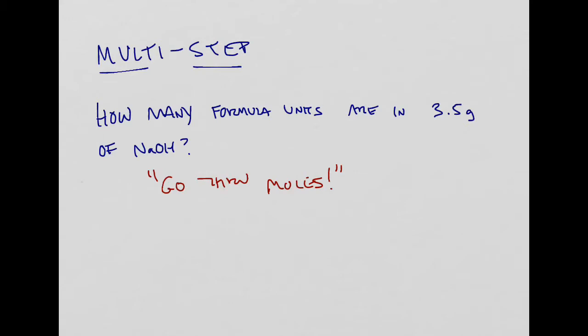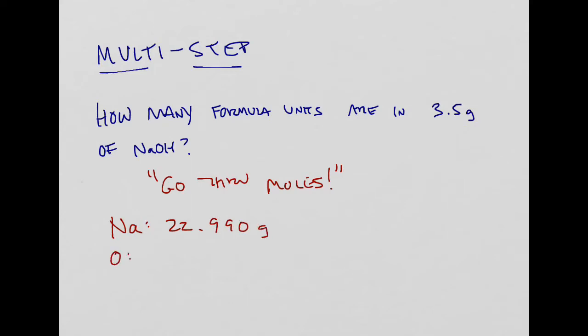Now, if we look at the periodic table, we would find that sodium hydroxide has a molar mass of... hold on, I gotta look this up. Okay, I'm back here. I just had to find myself a periodic table. So I know that the mass of a mole of just the sodium atoms by itself would be 22.990 grams.